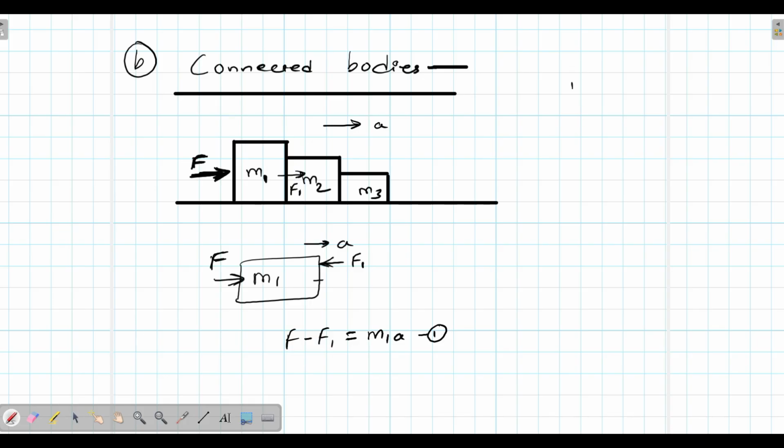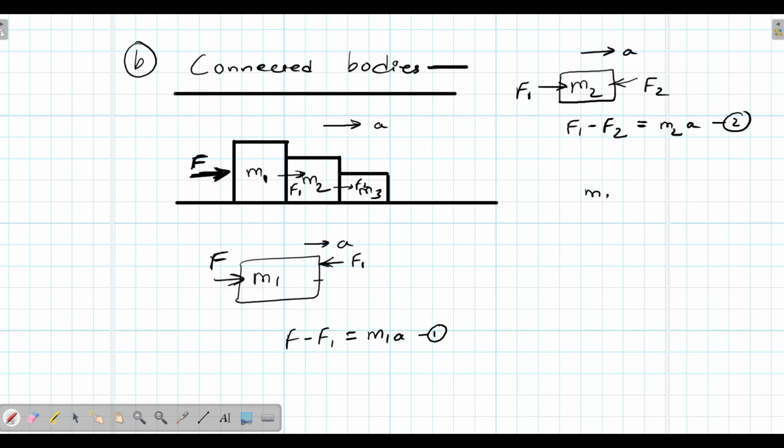For M2, this is F1, this is F2, and this is acceleration. F1 minus F2 equals M2 into A. This is the second equation.